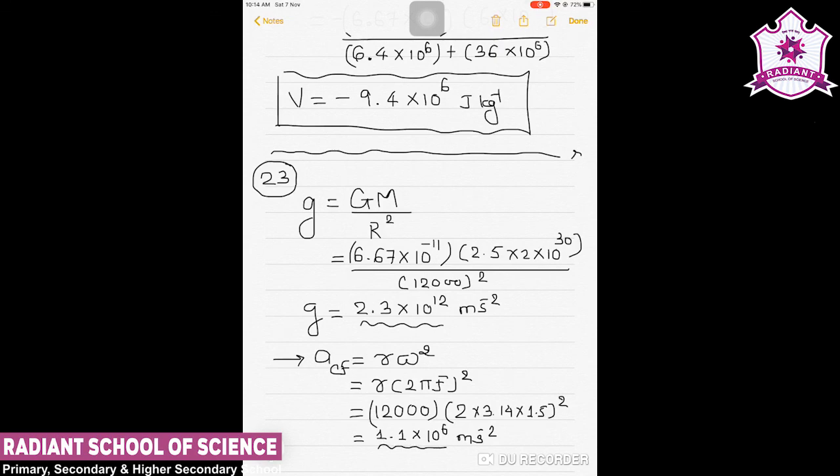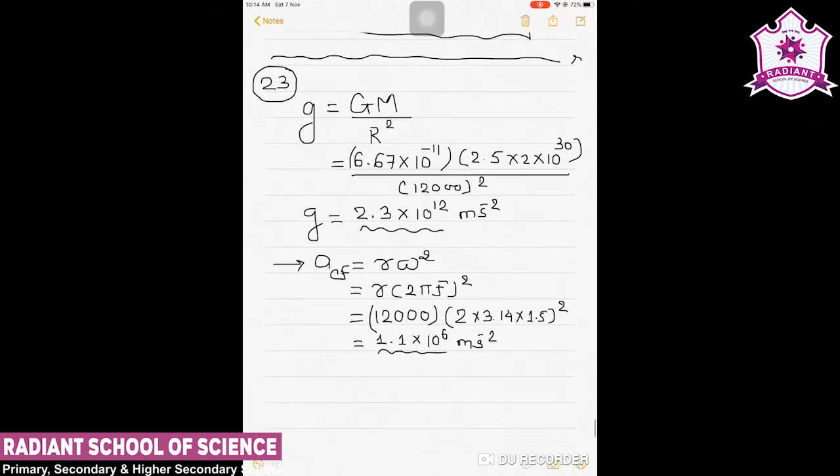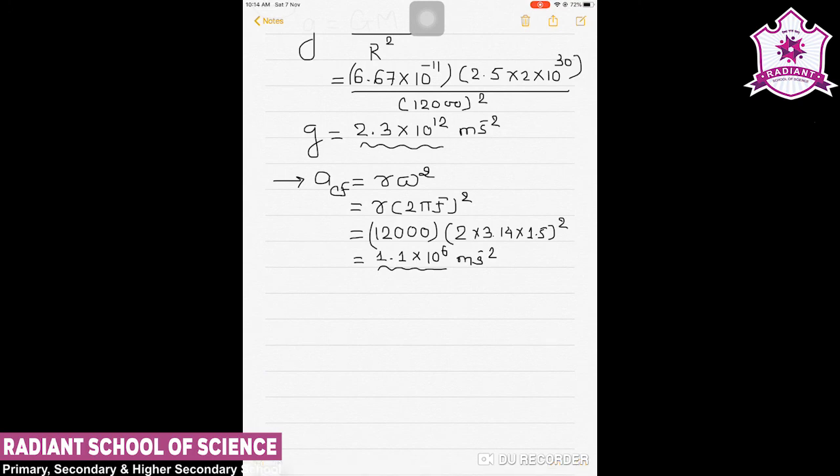So here it is very clear that the gravitational acceleration is more than the centrifugal acceleration, and therefore we can say that the body will remain stuck to the surface of the star.